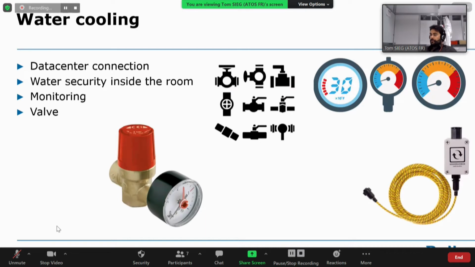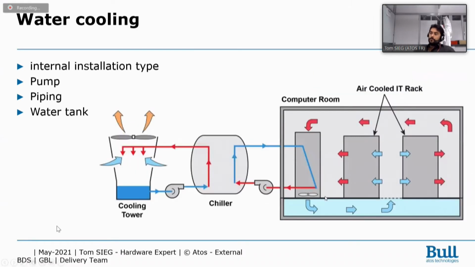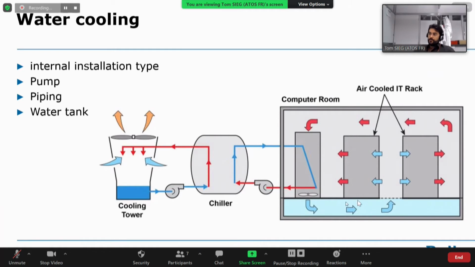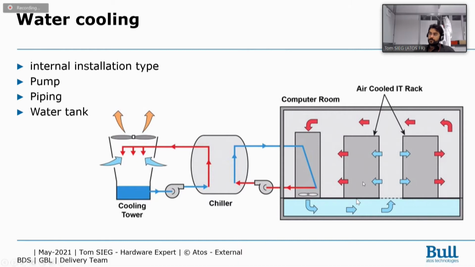For example, you have one rack, one internal system. It's better to have two valves and two different connections for each rack, to not mix water from one rack to another, and to be able to shut down one rack and not the other, if you have some pieces to change, or in case of leak.